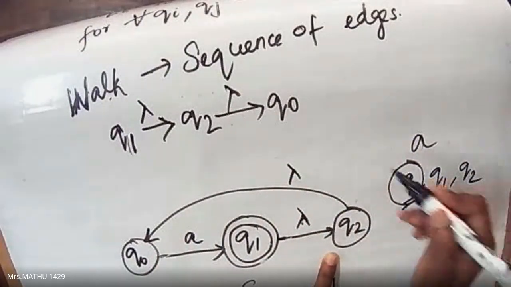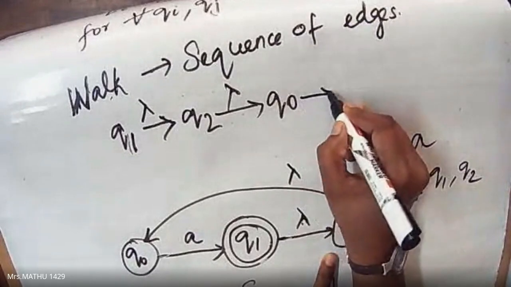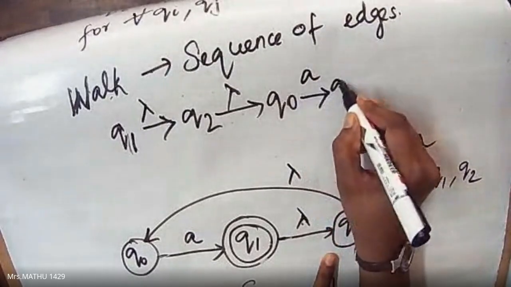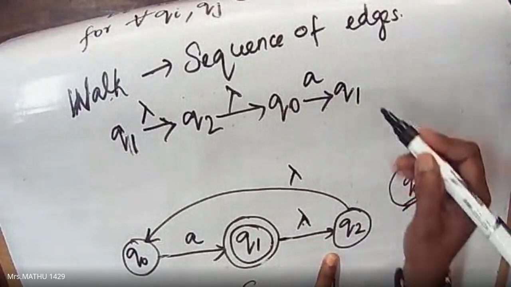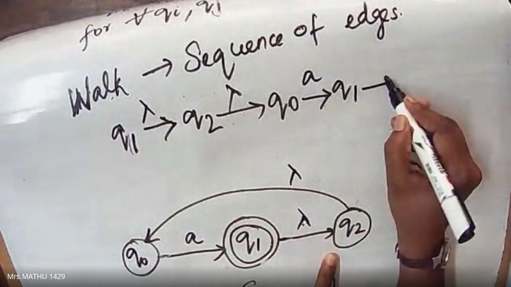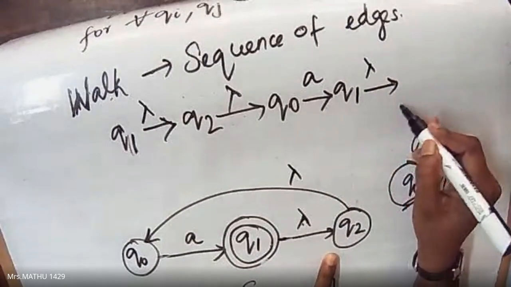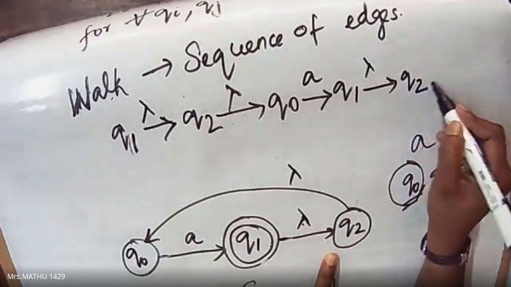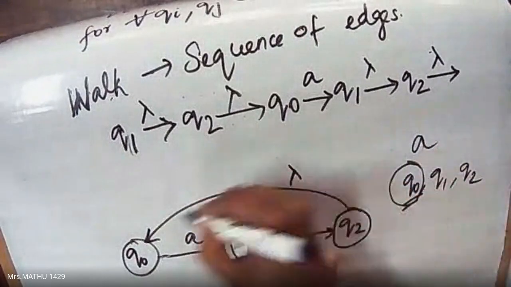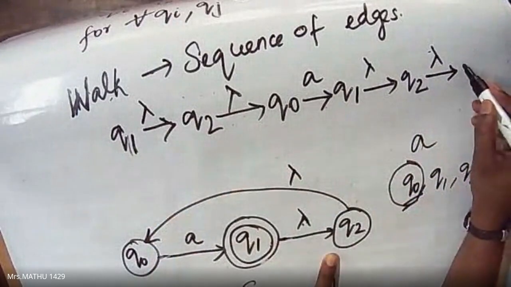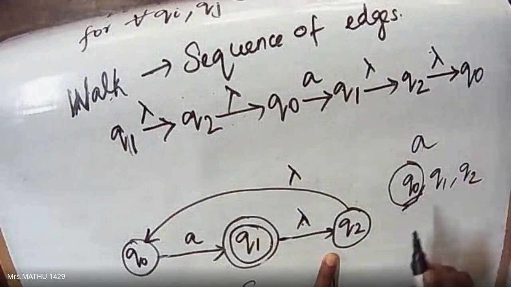Then from Q0, on reading A, I am again moving to Q1. Again from Q1, on taking another lambda transition, I am moving to Q2, and another empty transition takes me to Q0.